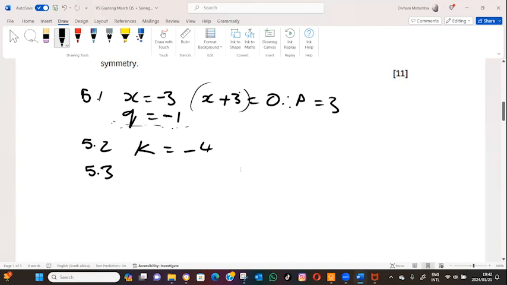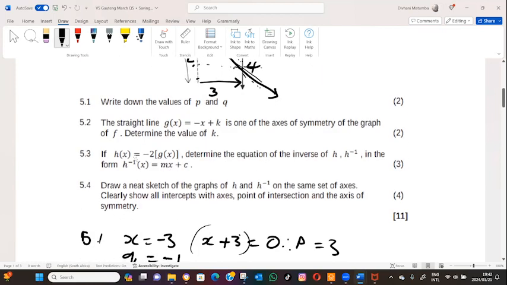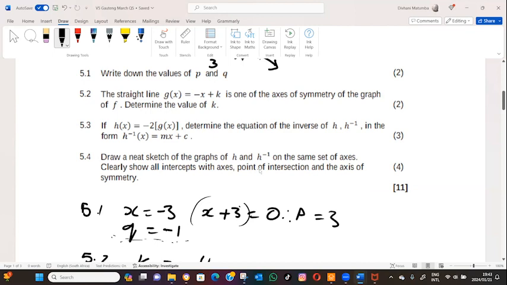It says, let's read. It says, if f of x equals minus 2 of g of x, determine the equation of the inverse of h, which is h to the power minus 1, in the form h inverse of x equals mx plus c.